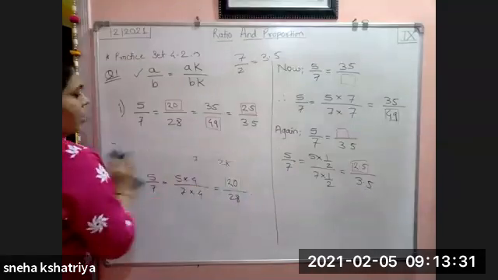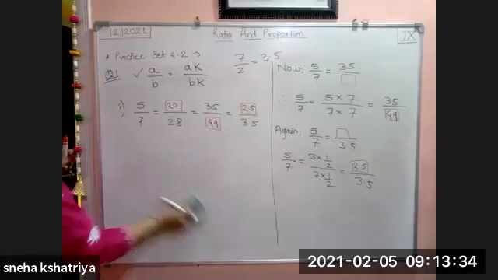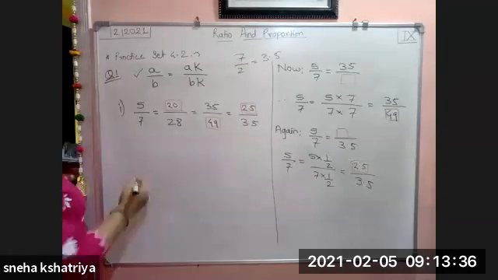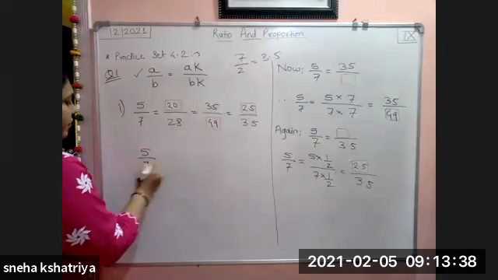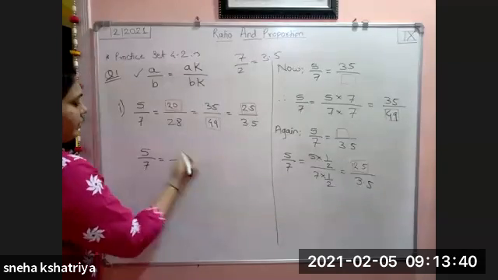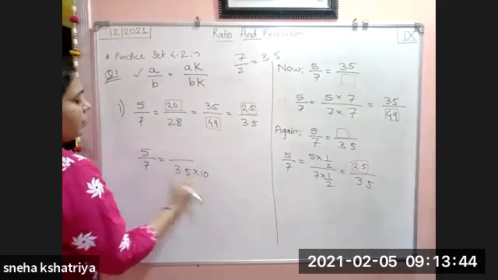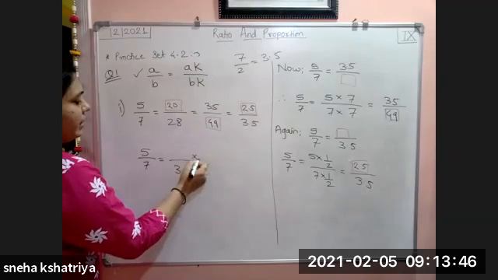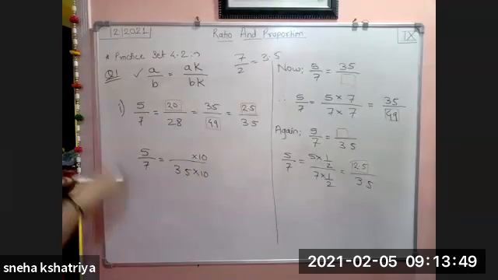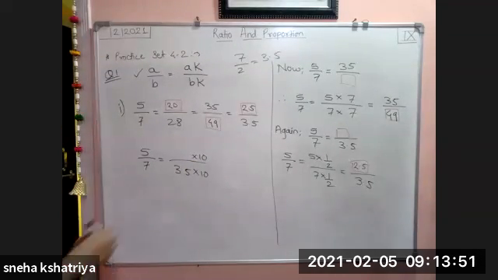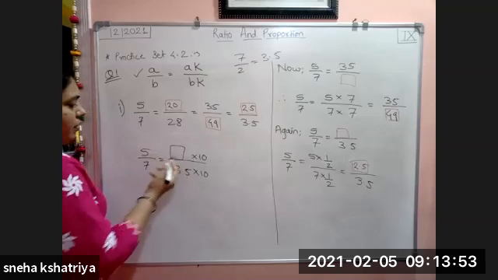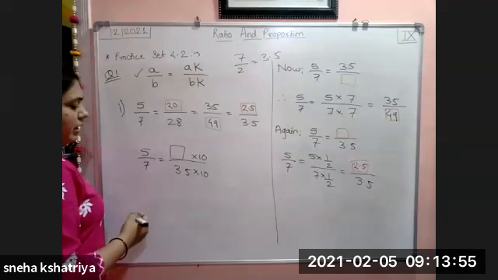So if you want to multiply and divide by 10, there 5 upon 7 is equal to, whatever the box is, here 3.5 is there, multiplied by 10. So if you are multiplying by 10 at the denominator, at the numerator also you have to multiply by 10. Whatever the box is, we don't know, so there you have to multiply by 10.